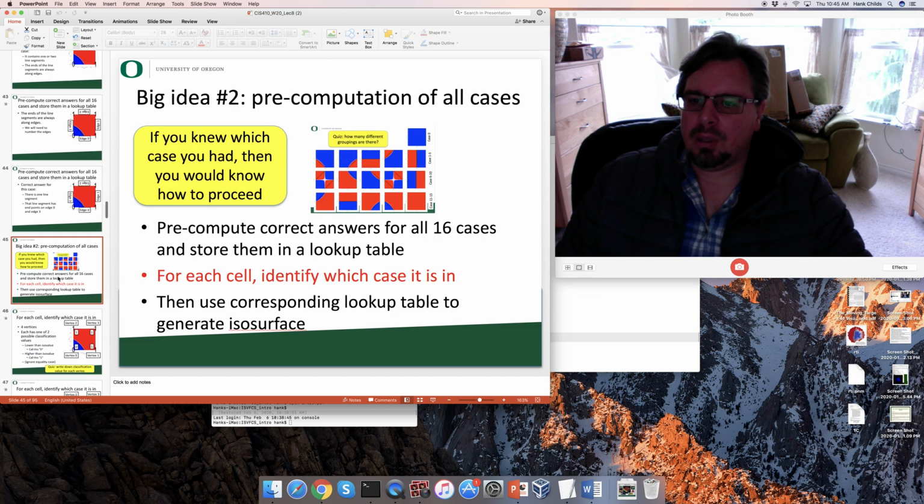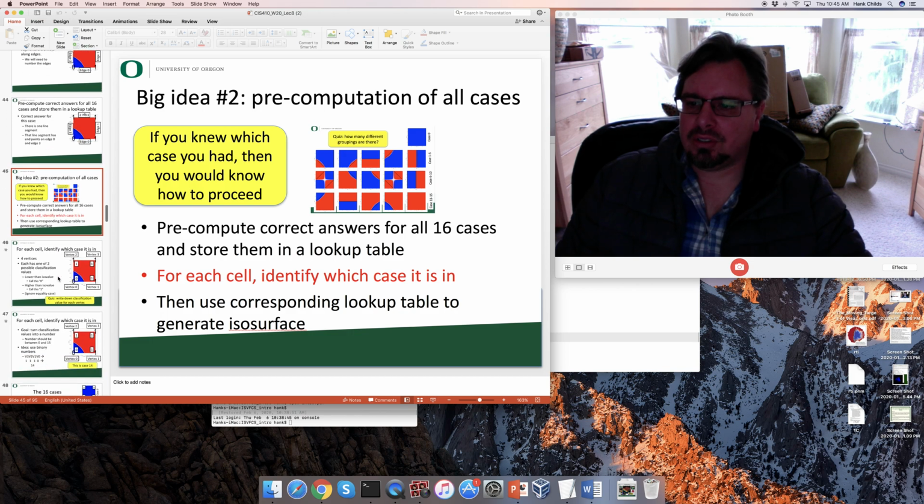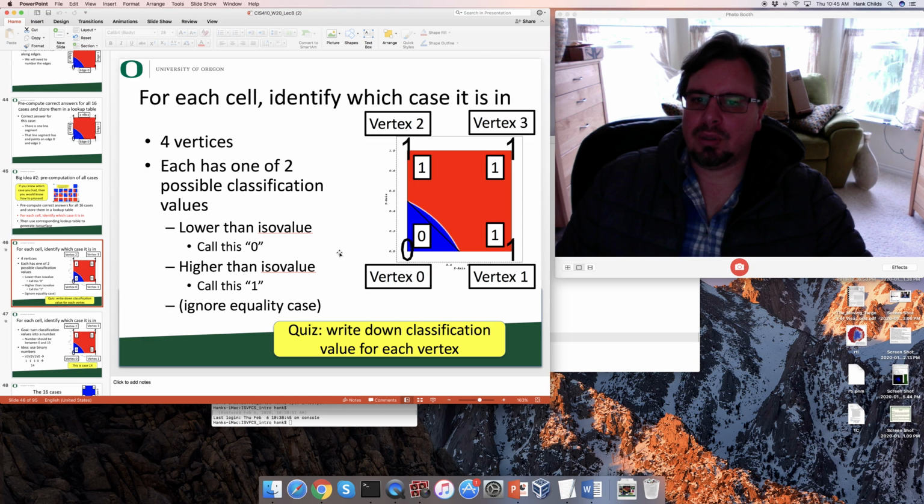Then the next bit was identifying which cell we had, and the idea there was we would go to every vertex and compare its field value with the ISO value. If it's lower than the ISO value, we'd mark it with a 0, and if it was higher, we'd mark it with a 1. This example is a little weird because the field values here are 0 and 1.